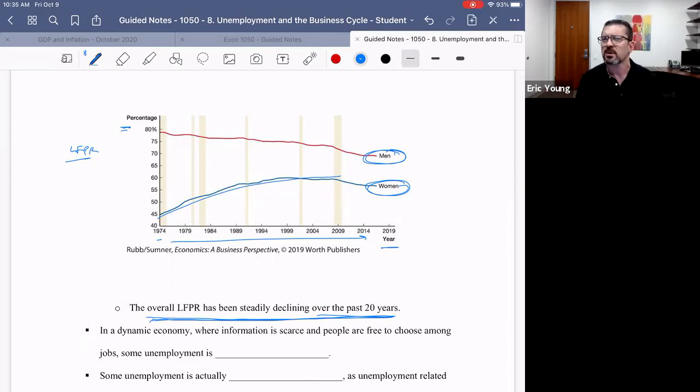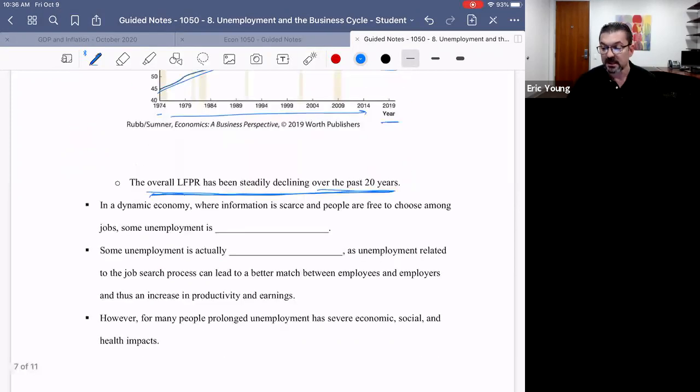We also have some sort of, at least for now, unknown social factors that are driving American men out of the labor force. Thankfully, American women are stepping in to fill that. But with all that said, the overall LFPR has been declining over the past 20 years. But that's in large part due to age issues as the population gets older and people retire.